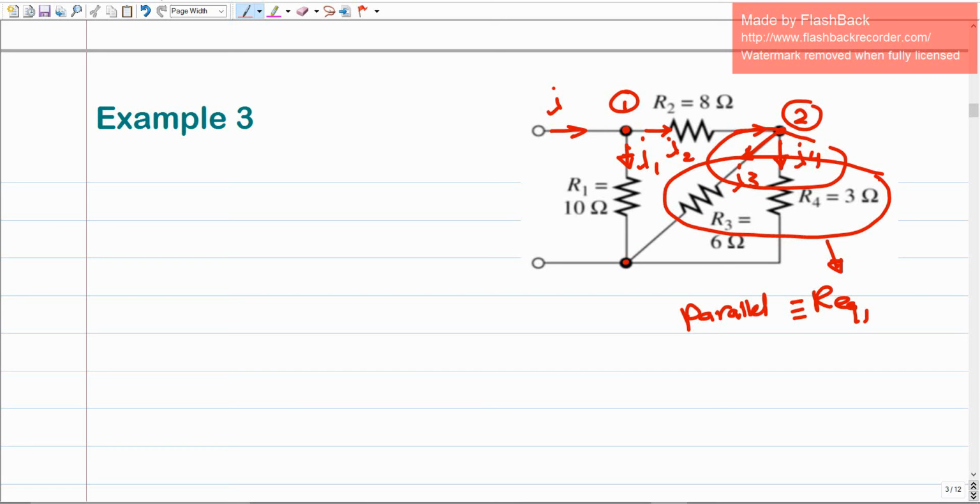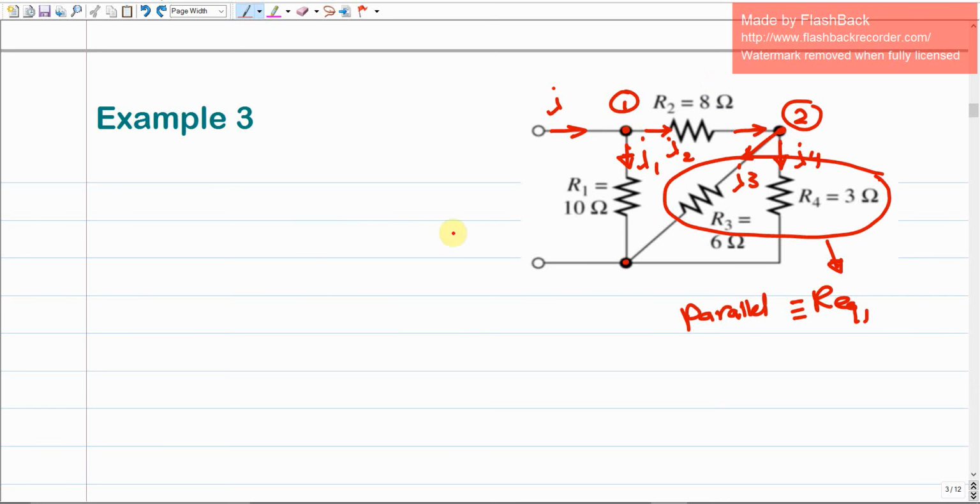So the sum of I3 and I4 should give us I2. Make sense? So what does it mean? It means that if I decided to remove these two resistors and replace them with just one resistance, this resistance should be in series with R2.